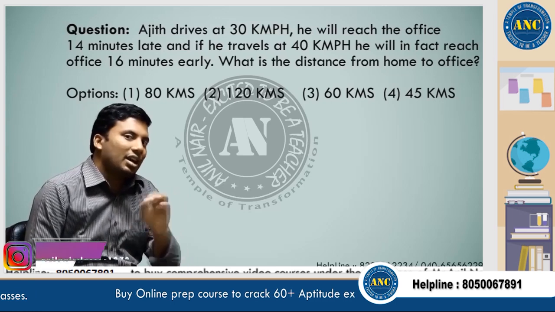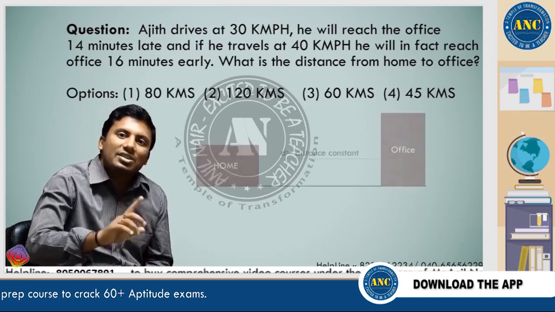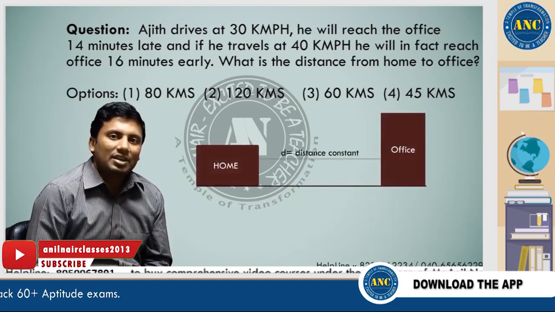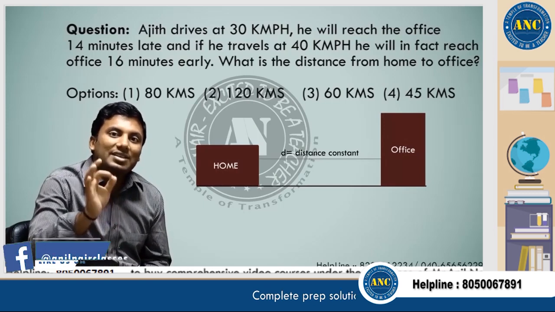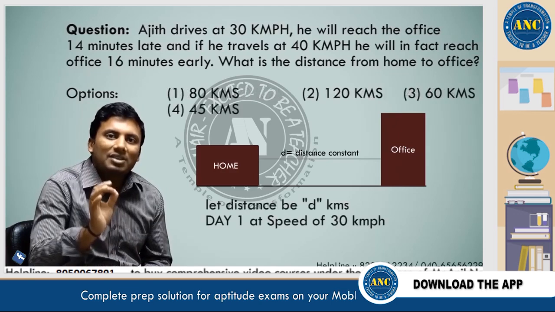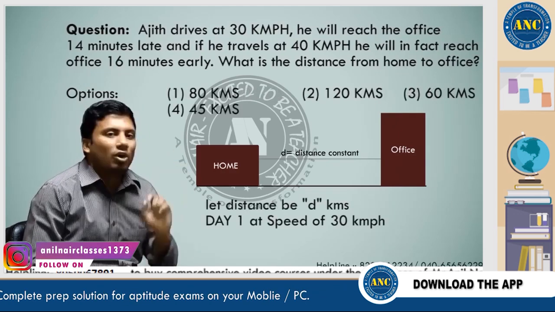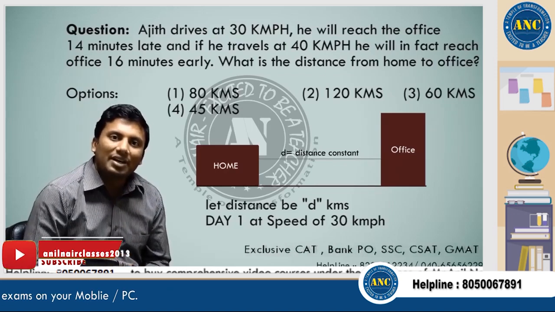Let us see the traditional approach to solve this question. A person is traveling from home to office. Distance is constant. Let me call the distance as d kilometers. On day 1, he travels at a speed of 30 kilometers per hour.